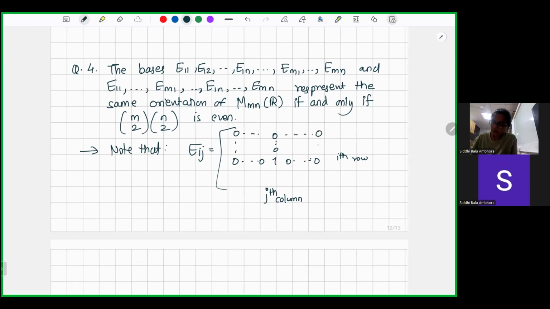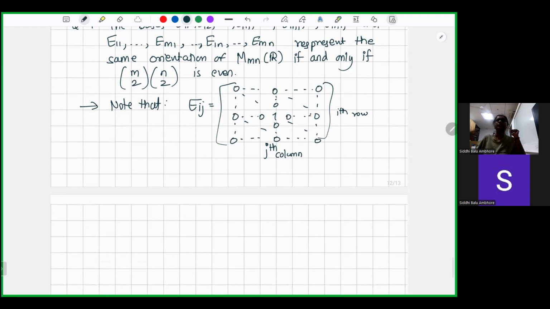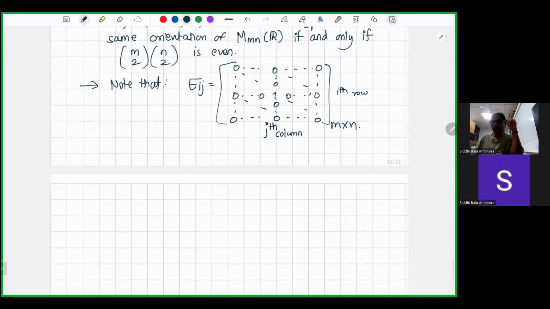This forms basis of M m cross n over R. Okay, so all M cross N matrices over R. So this is what Eij is.